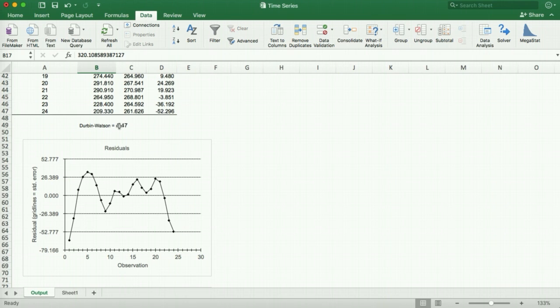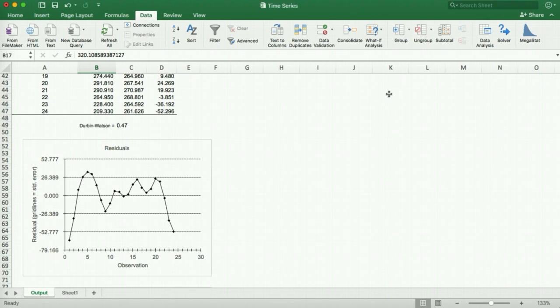So this is the value of D, and this is definitely lower than 1.04, which means that there is positive autocorrelation. So it's again consistent with the residual plot that we have here. This doesn't look horizontal, and according to the Durbin-Watson test, there is positive autocorrelation.